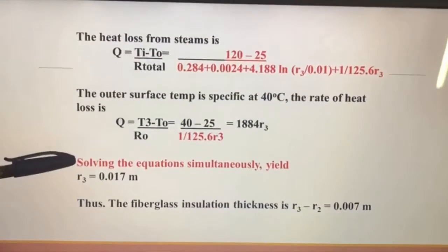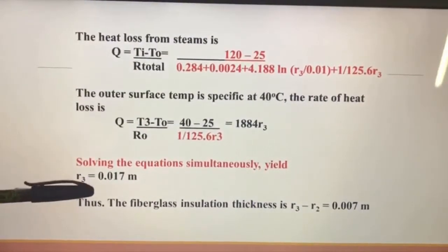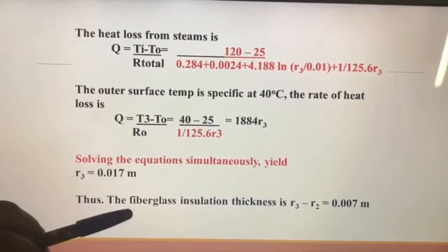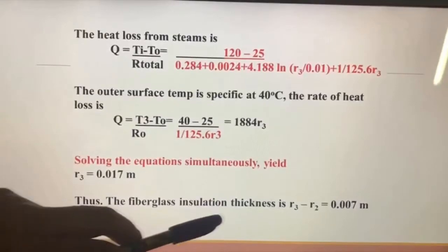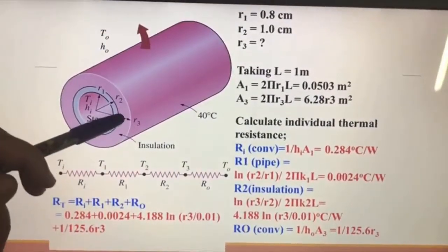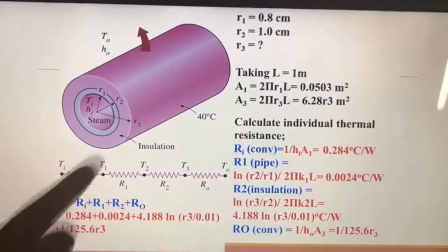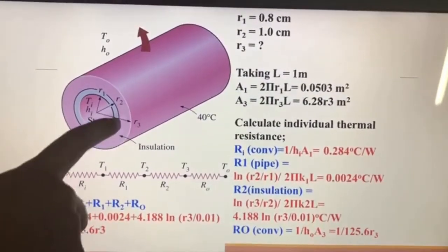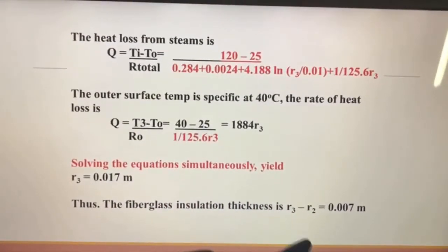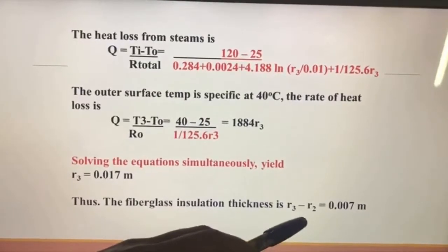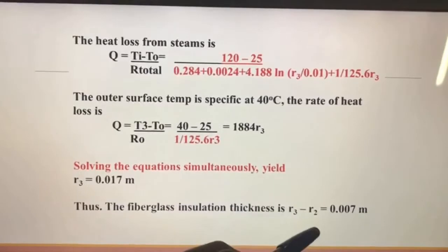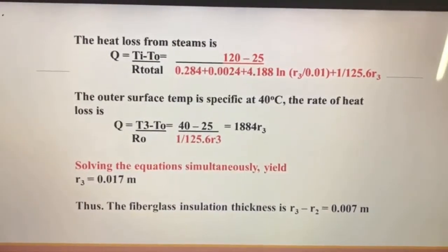So we will get R3, which is 0.017 meter. So the question asks for the fiberglass insulation thickness, which is between this one and this, so the R3 and R2. So we will obtain the fiberglass insulation thickness, which is 0.007 meter. That's all. Thank you.